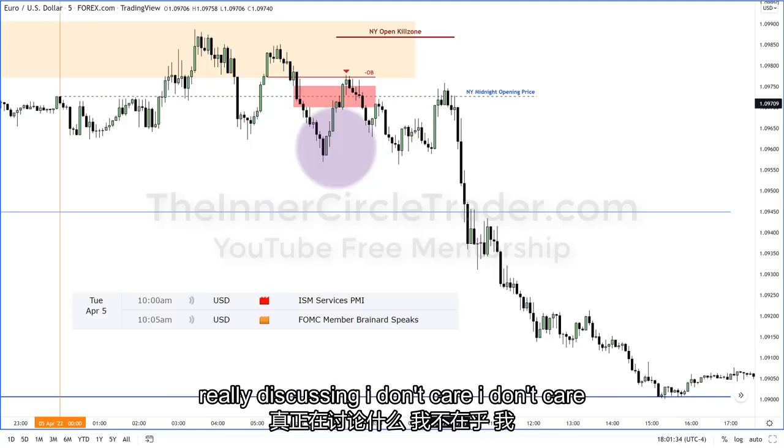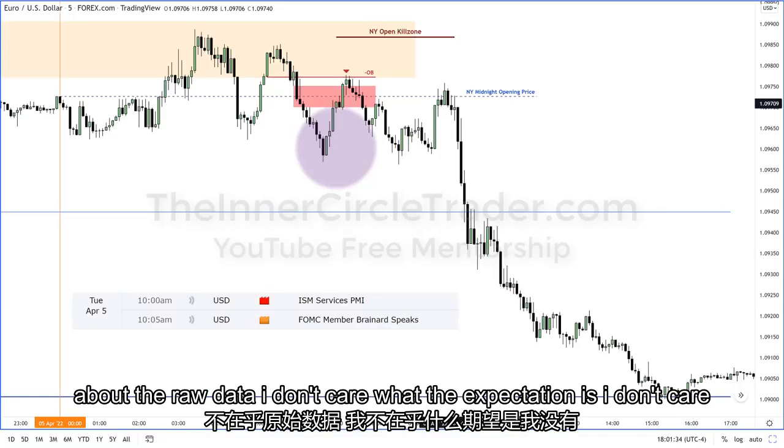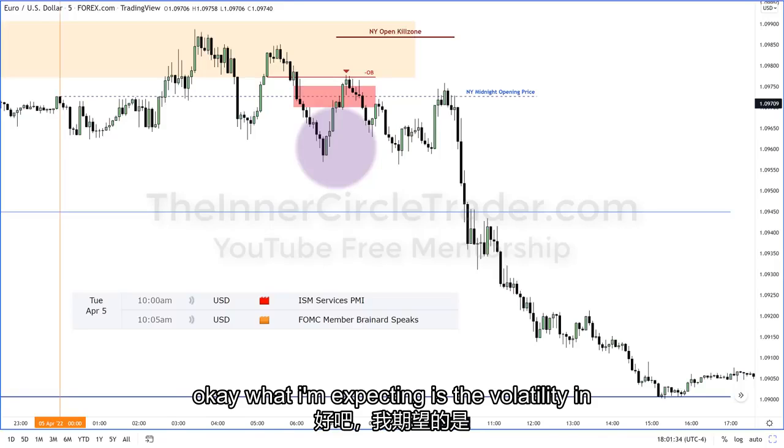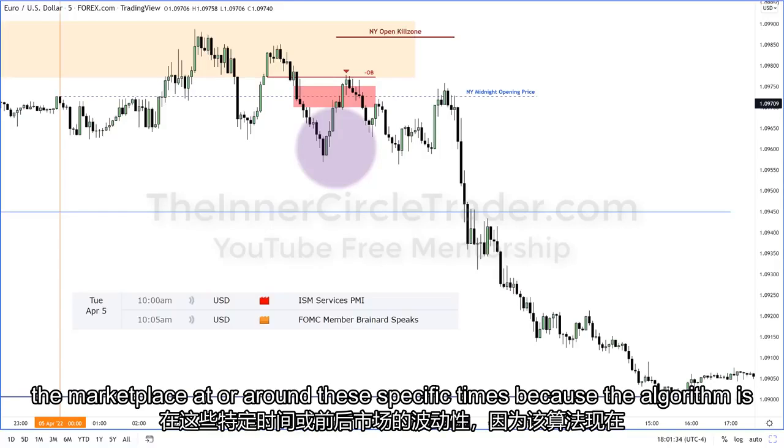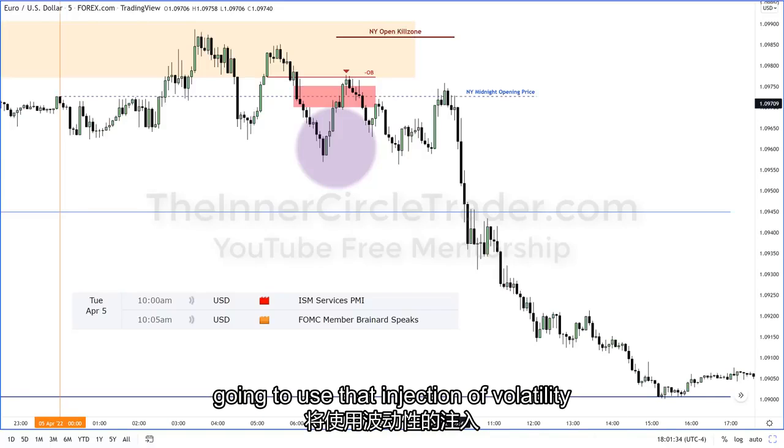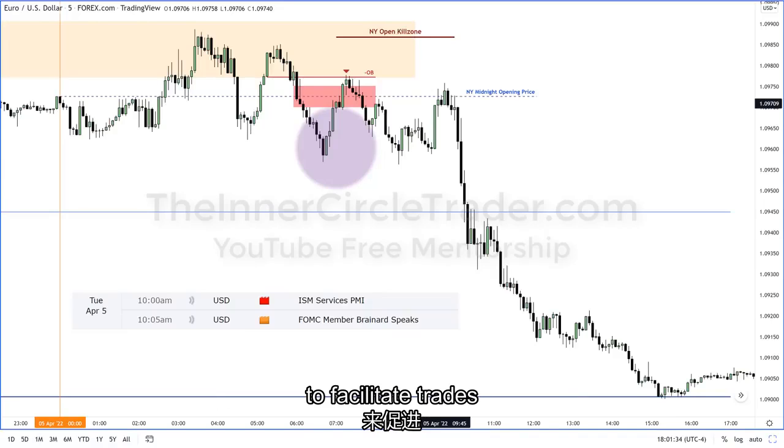I don't care about the raw data. I don't care what the expectation is. What I'm expecting is the volatility in the marketplace at or around these specific times, because the algorithm is going to use that injection of volatility to facilitate trades.